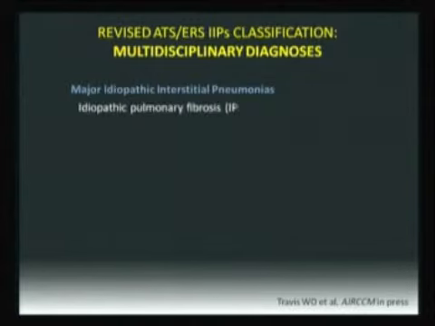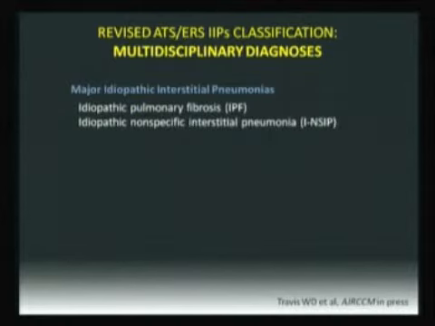Of course, the first one is IPF. So IPF is the major player of the major IIP. The second one is idiopathic non-specific interstitial pneumonia. You are probably aware that non-specific interstitial pneumonia was a provisional category in the previous classification.